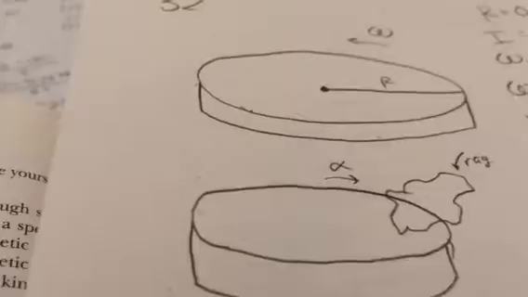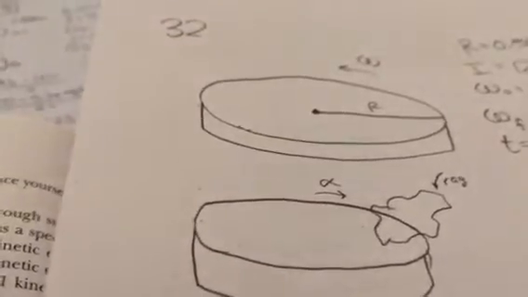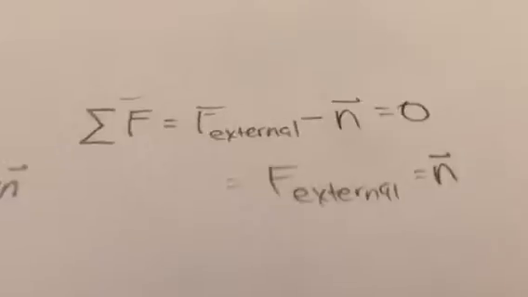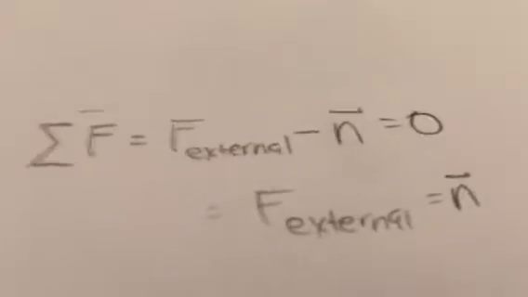It's not a straightforward problem; you have to take the external force into account. So I used a little equation here: the sum of forces is equal to the external force minus the normal force. So we can conclude that the external force is equal to the normal force.